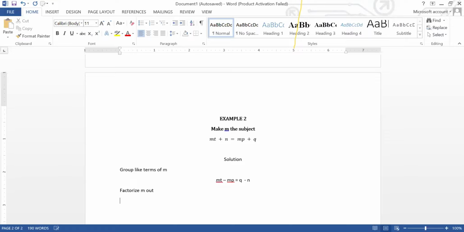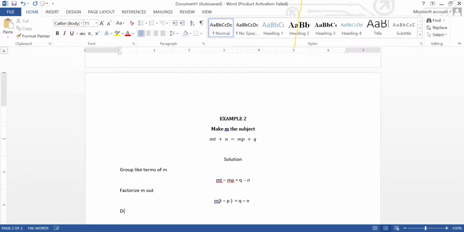When you factorize M out, what happens? You have M into brackets: M into bracket T minus P, and that will give us equal to Q minus N.